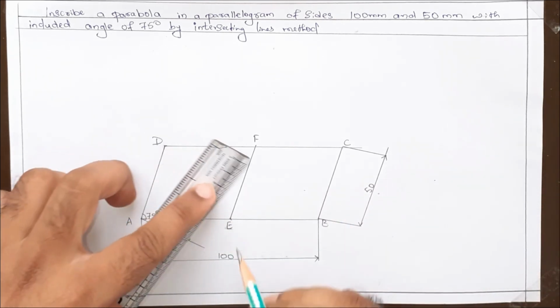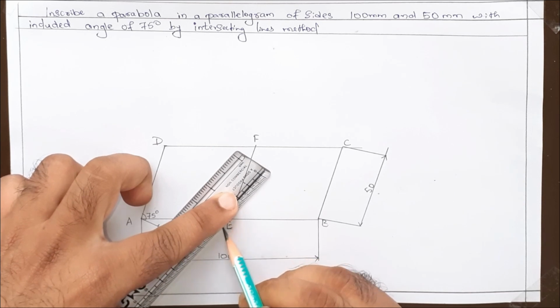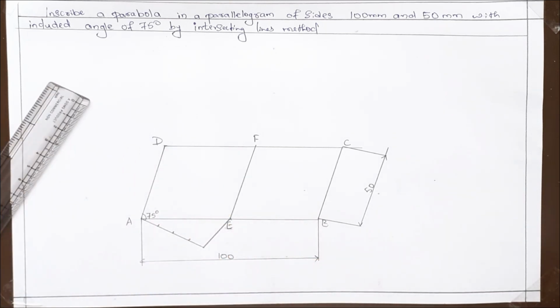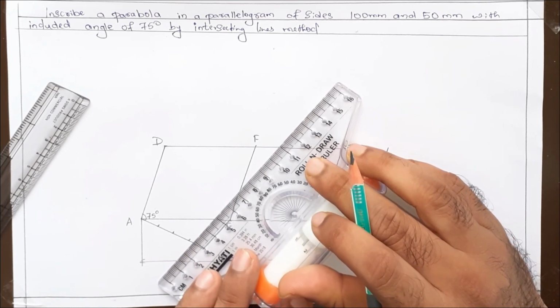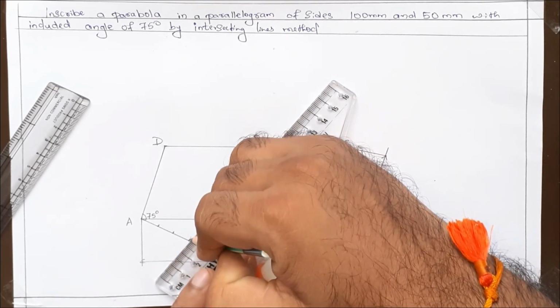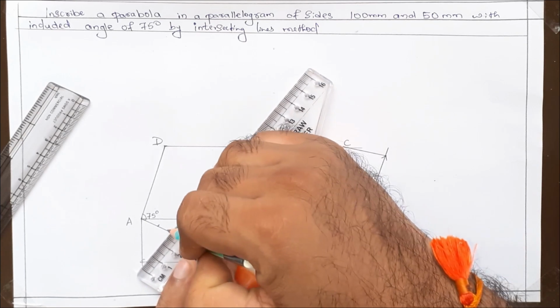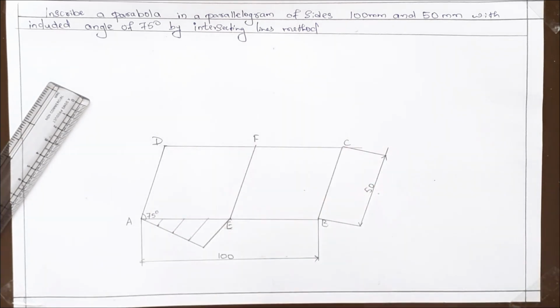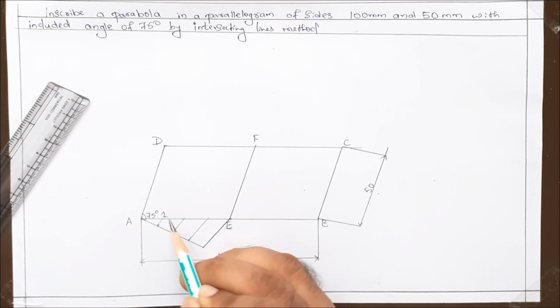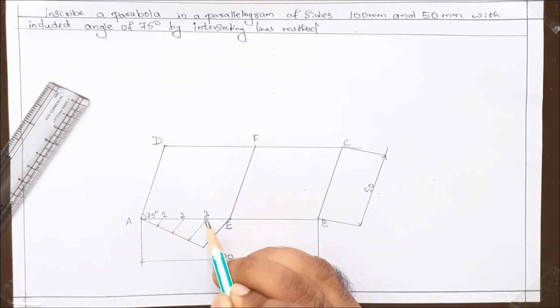Now, join this line to point E, and with the help of the roller scale, let us draw these parallel lines. Now, the points will be 1, 2, 3.